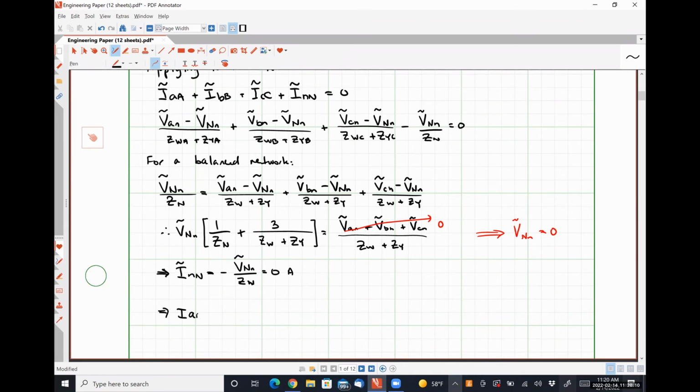IAA is going to be VAN minus VNN over ZWA plus ZYA, which reduces to simply VAN divided by ZW plus ZY for our balanced system.